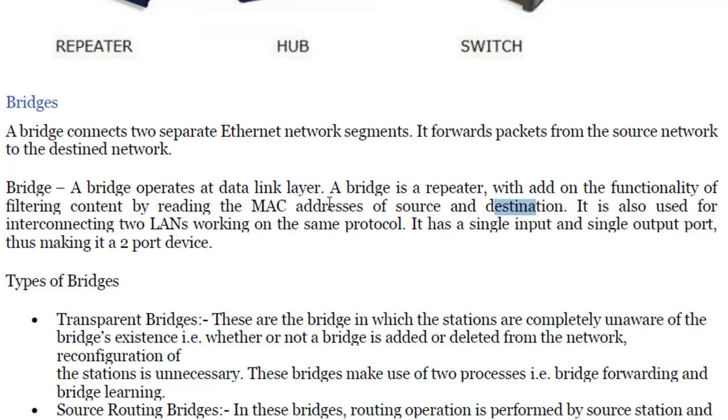A repeater doesn't really care about the MAC address information, but a bridge filters and takes note of the MAC addresses of the destination and the source.